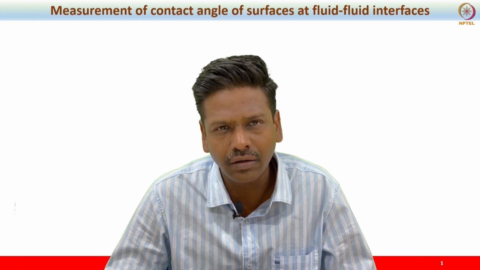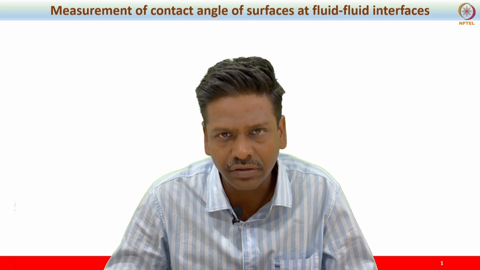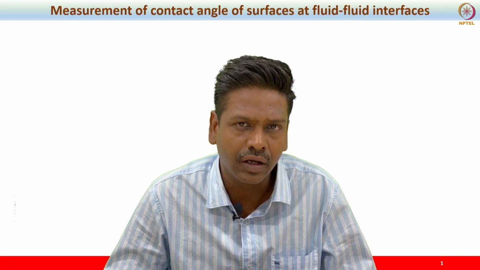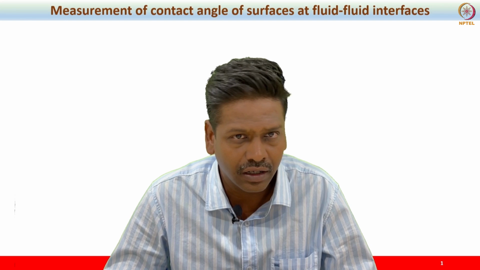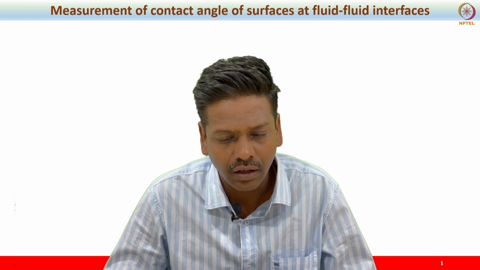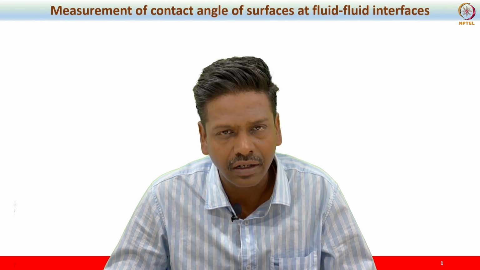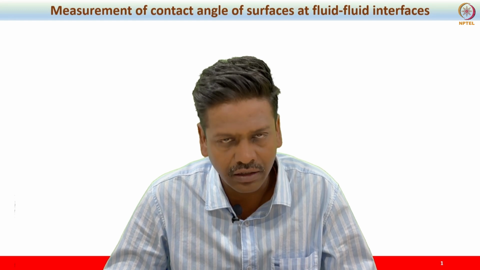This is important when we deal with formulations, emulsions, and foam. In those applications, the measurement of theta is going to be very important. We will look at how we can measure the three-phase contact angle. Let's begin our lecture.